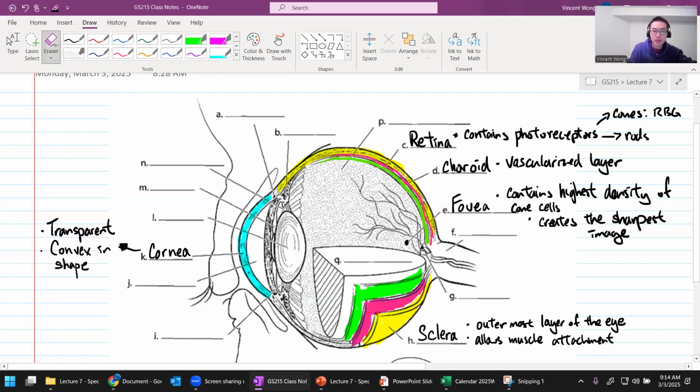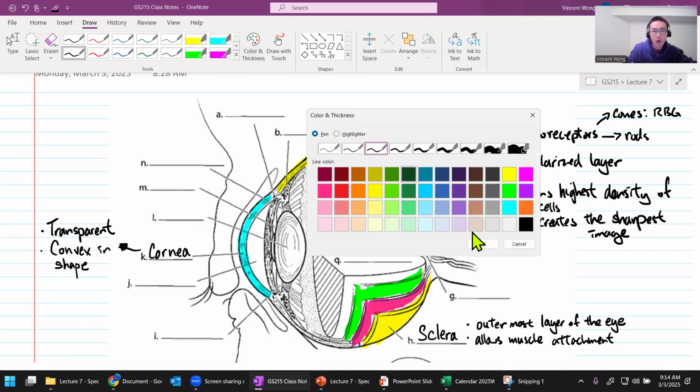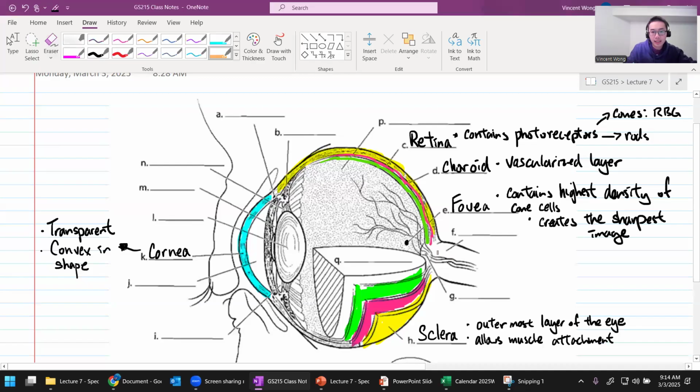And of course, all that information needs to get sent to the brain, and that is transmitted along the nerve right here at the back. This nerve is called the optic nerve. It sends visual info to the brain.